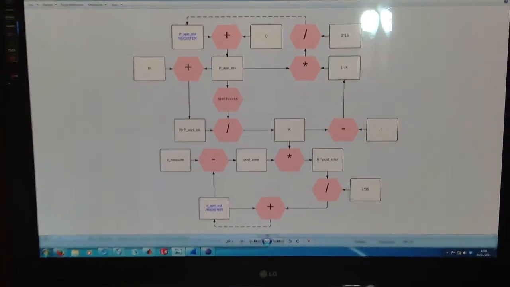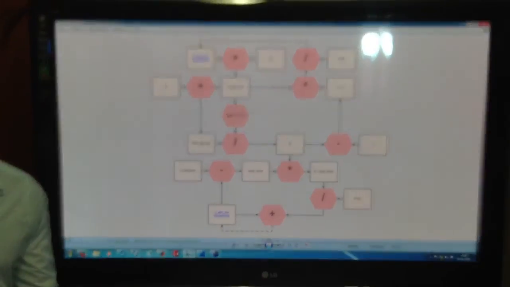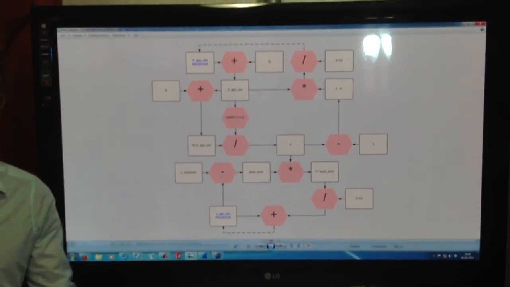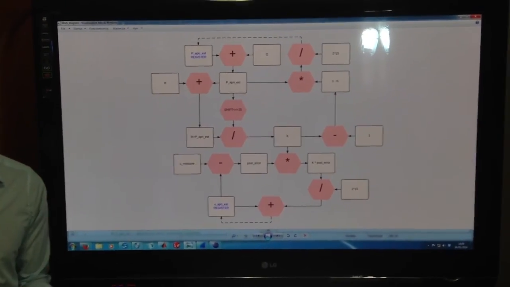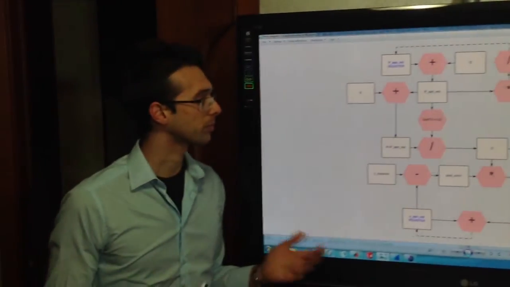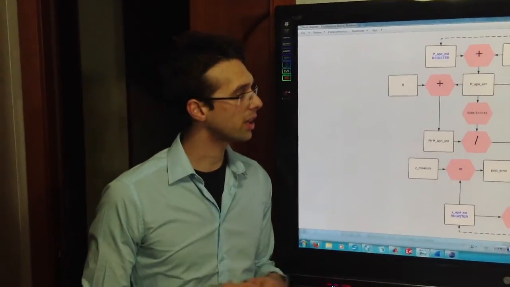The entire project is based on a 32-bit architecture with signed operation, so we can evaluate negative numbers too.